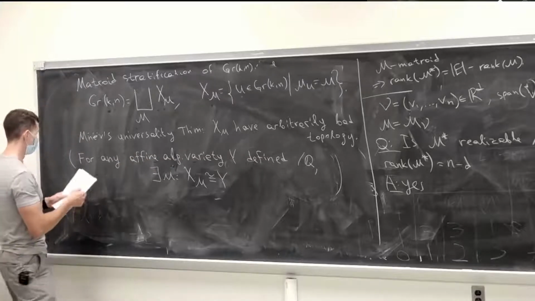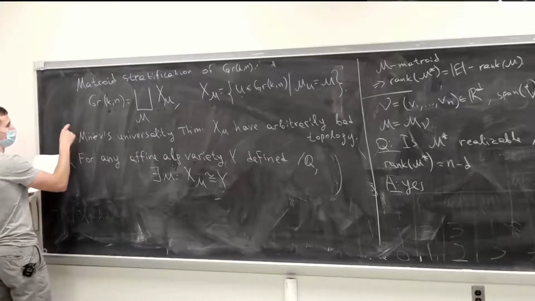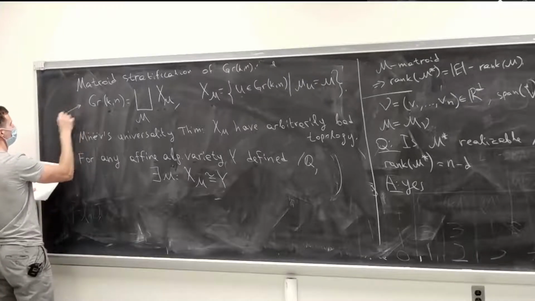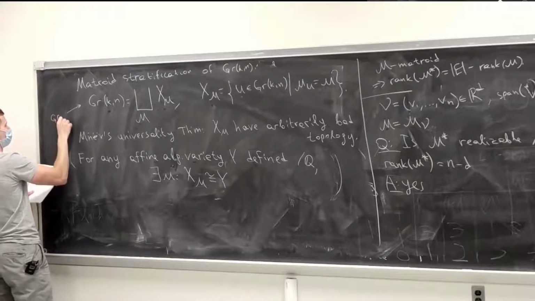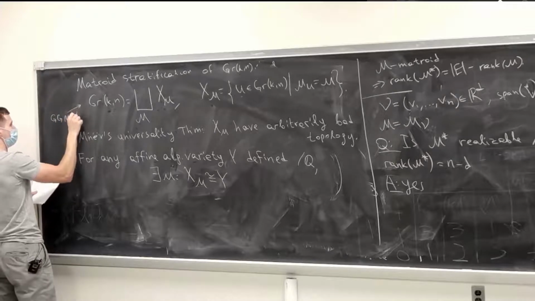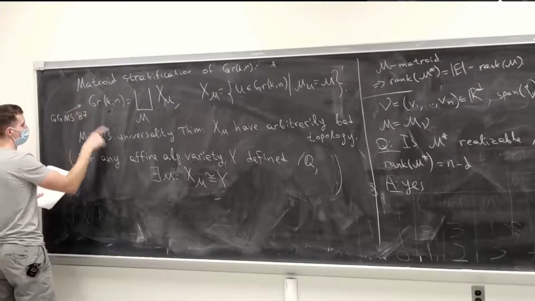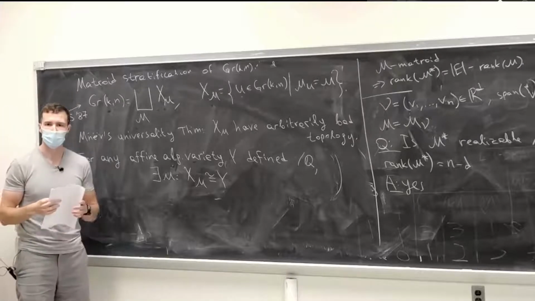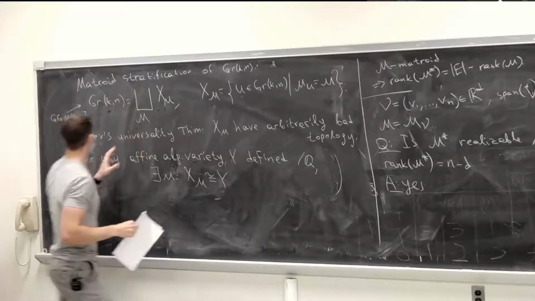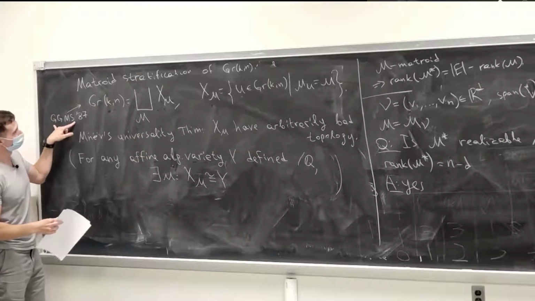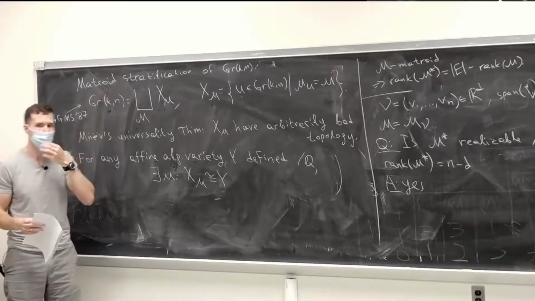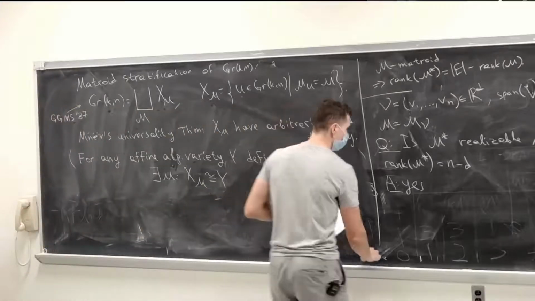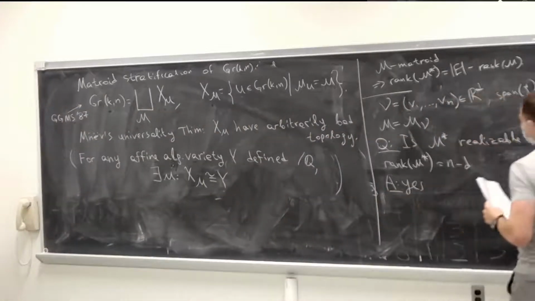This is Mnev. The stratification is due to Gelfand, Goresky, MacPherson, Serganova, 87. This is due to Mnev, I think, a few years later. In the original paper, they actually hoped that these pieces would be nice, as you hoped five minutes ago, but it turns out that these are very bad.